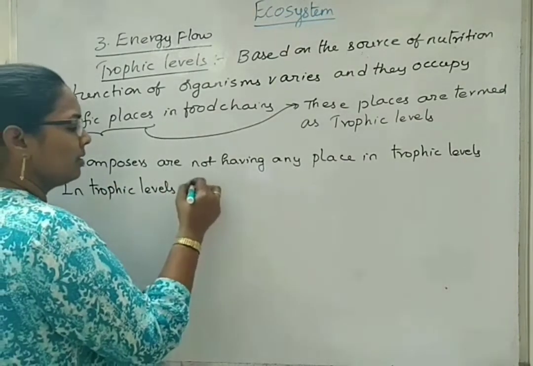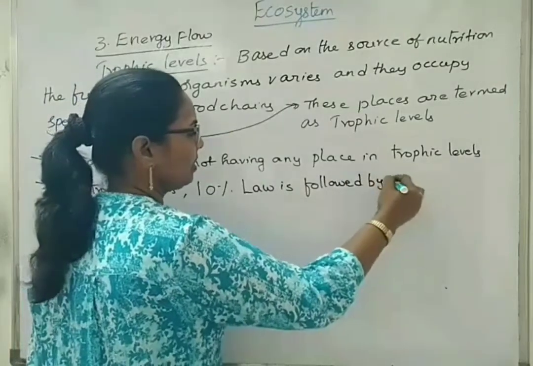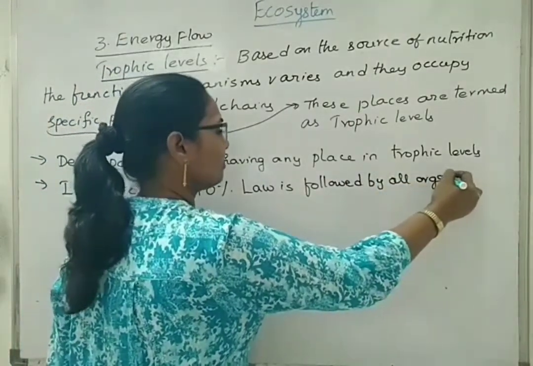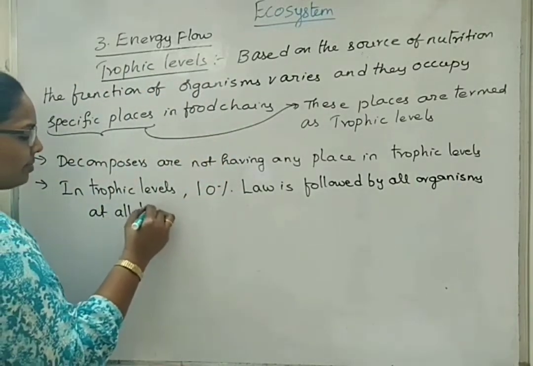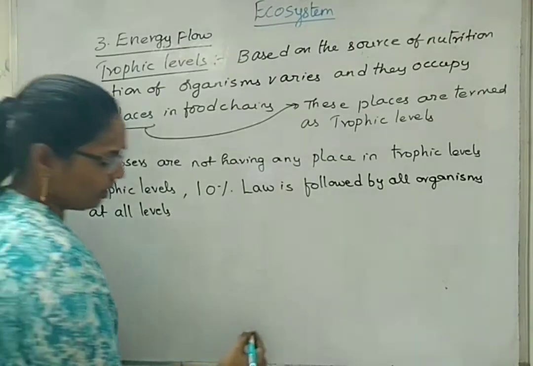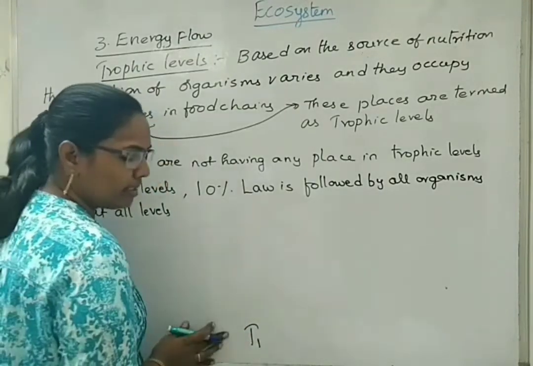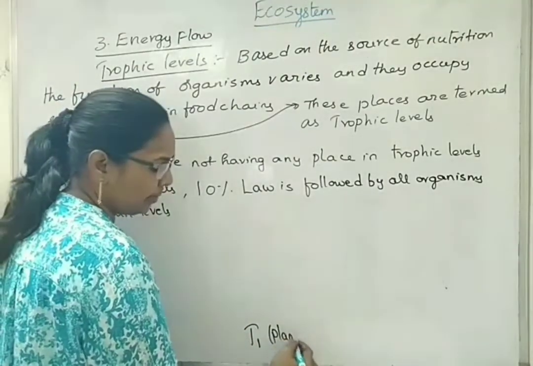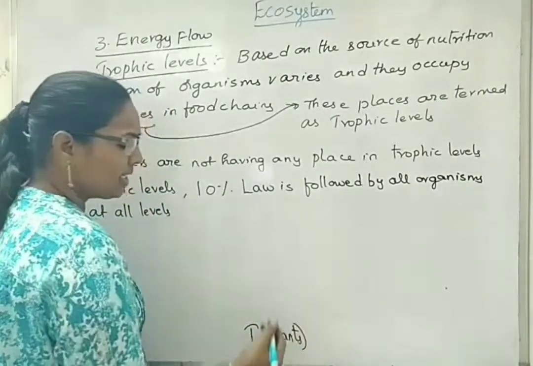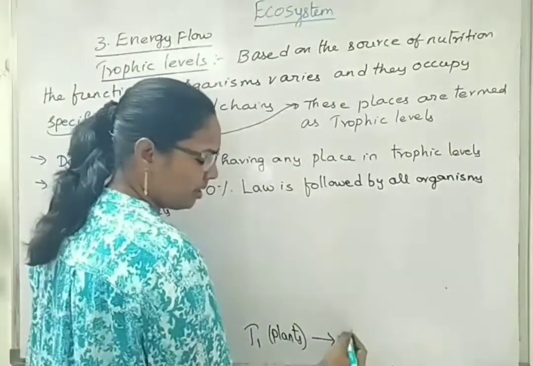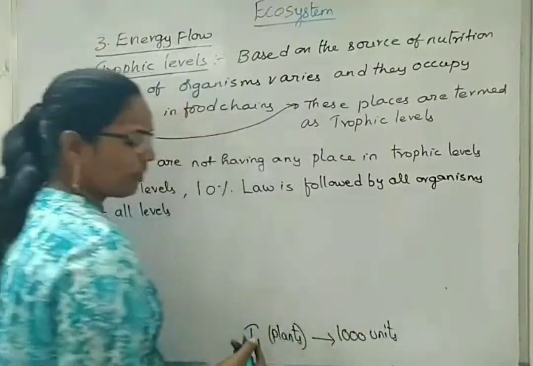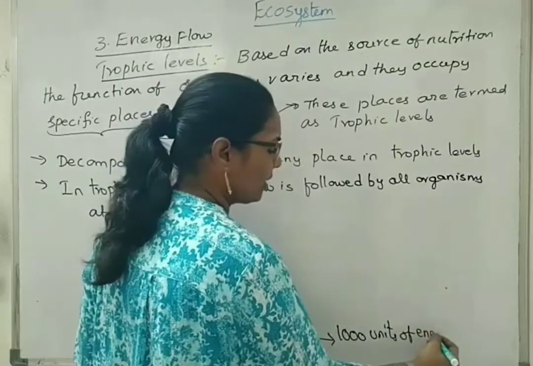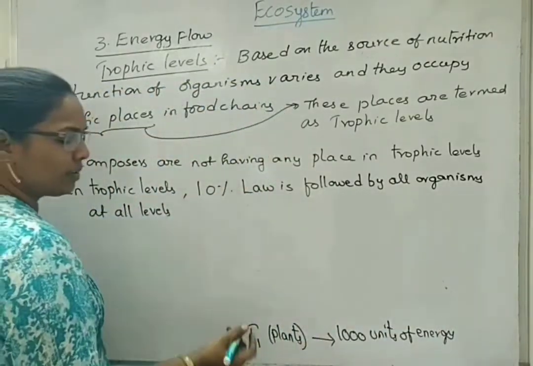The 10% law is followed by all organisms at all levels. Suppose you take trophic level 1, the plants, they prepare food material. Consider that the energy is 1000 units here. You write 1000 units of energy at trophic level 1, that is plants.